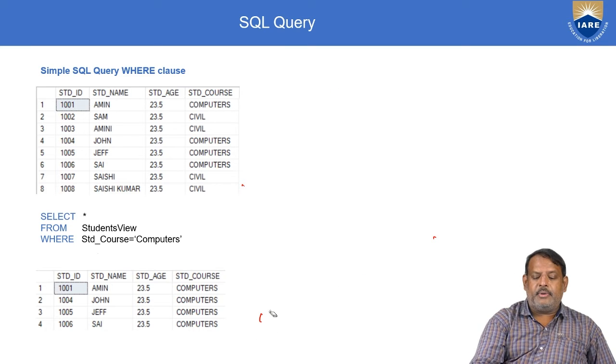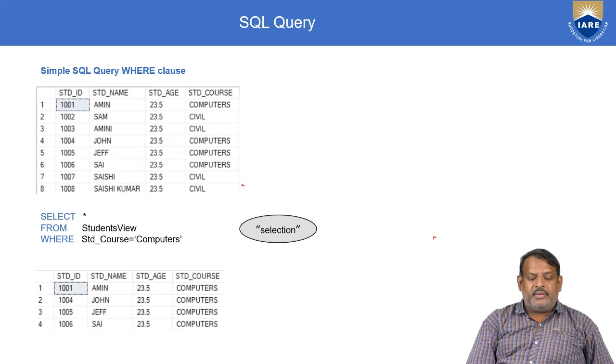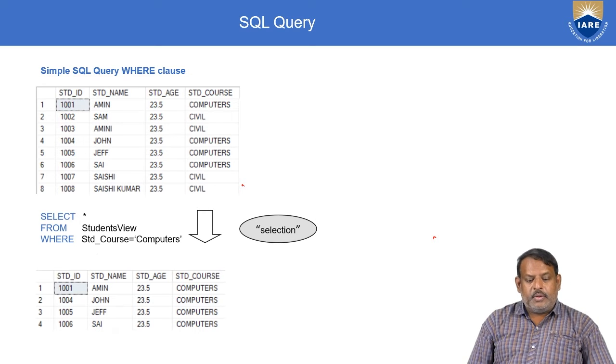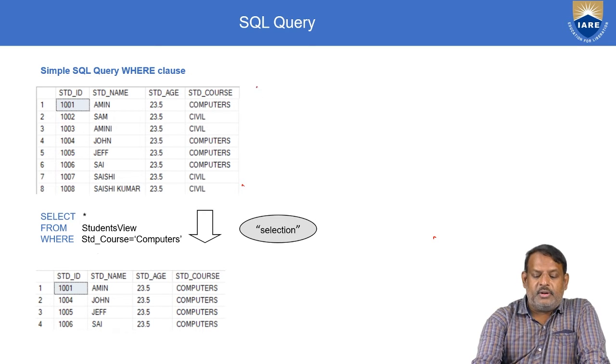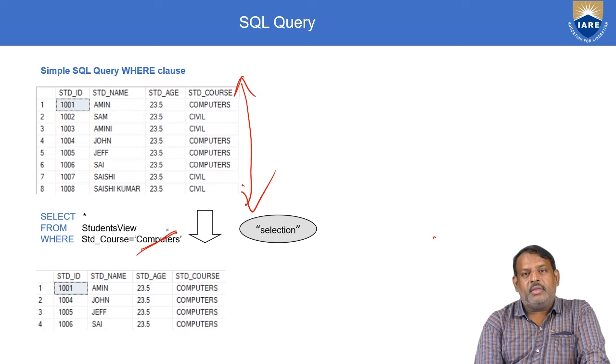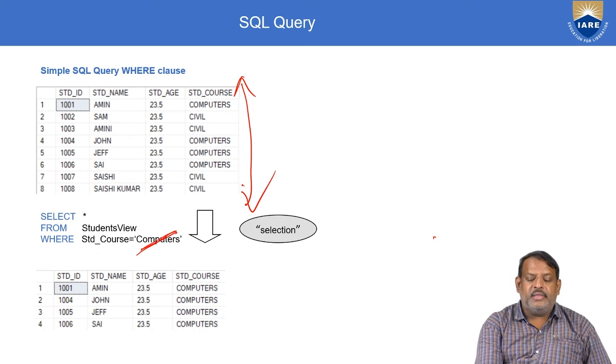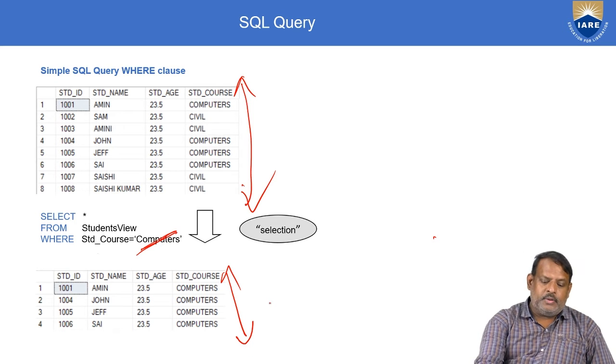Now we'll see the next statement called group by. This is the original data. Now I have said here I want the students who are from computers, so in the selection I'll see these 4 records only.